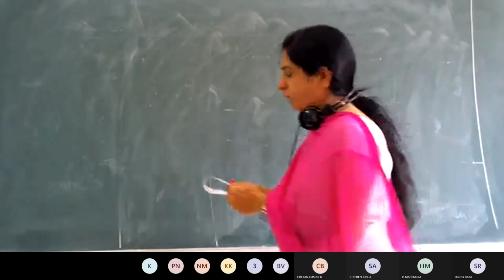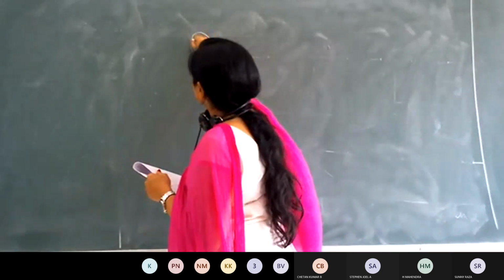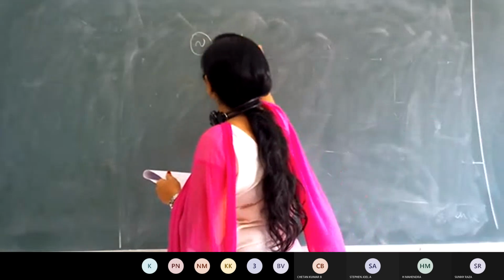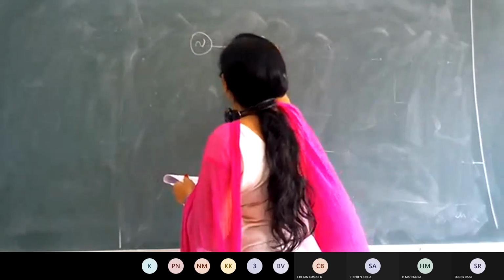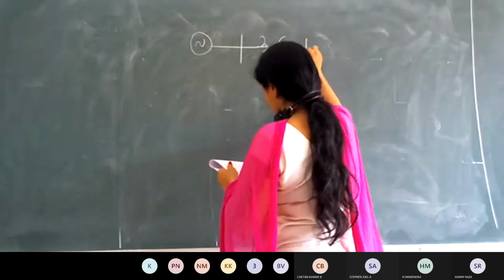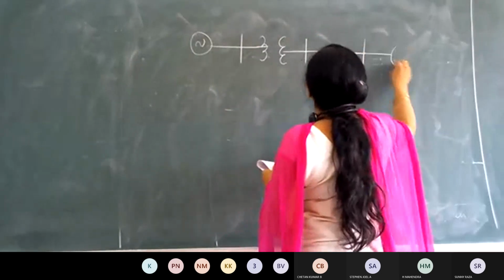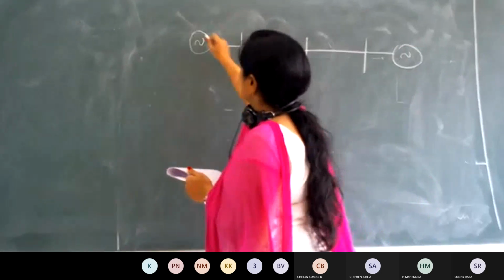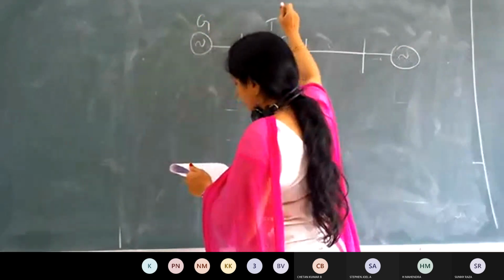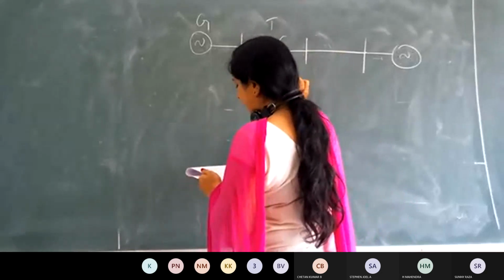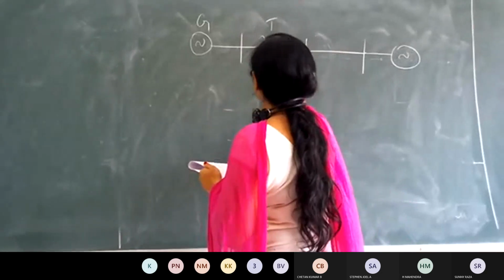is connected to a large system through a transformer and a line as shown in the figure.